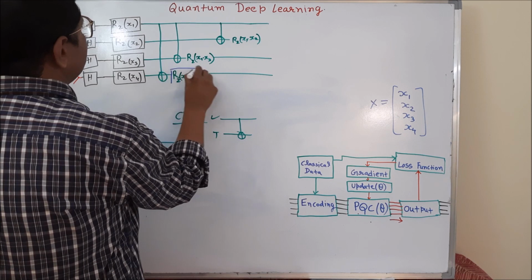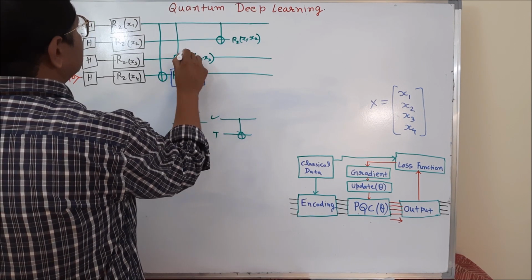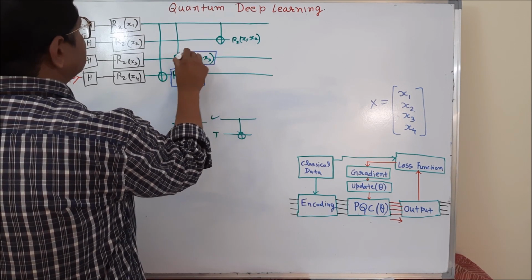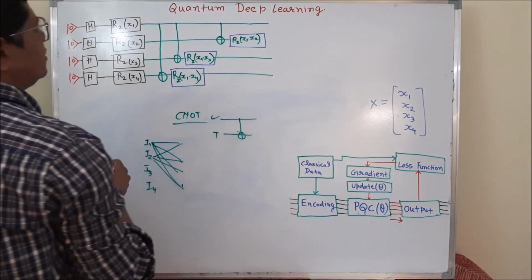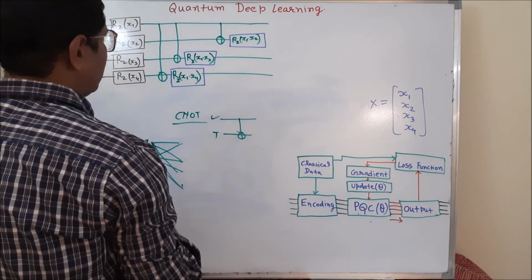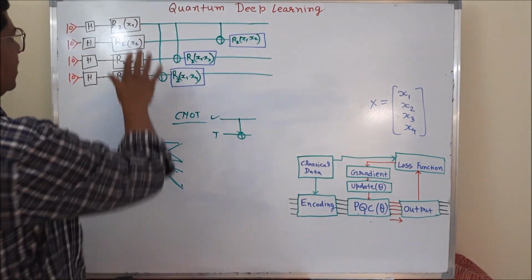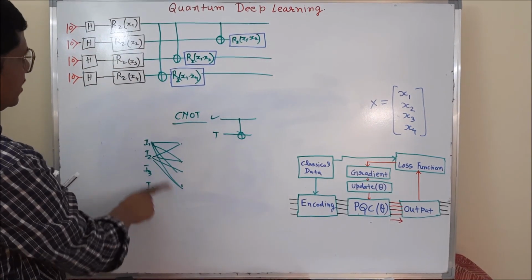After that there will be another angle shift gate. Now after this entanglement, I have just connected this to this.